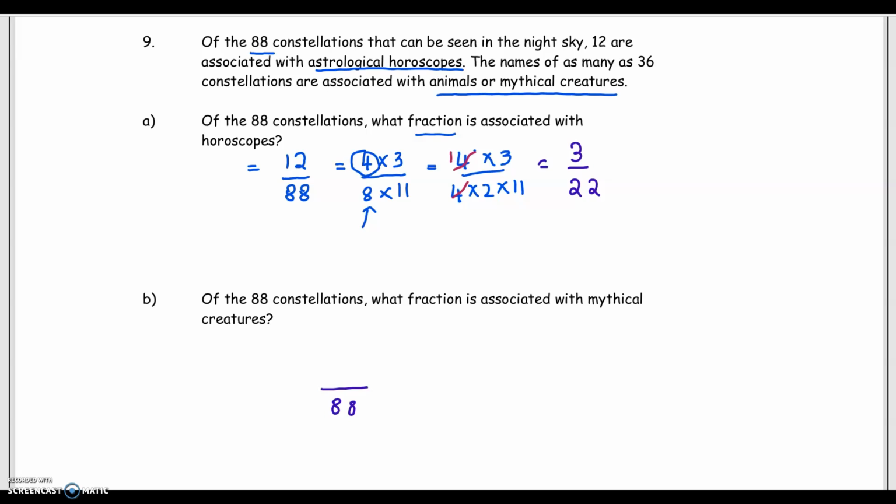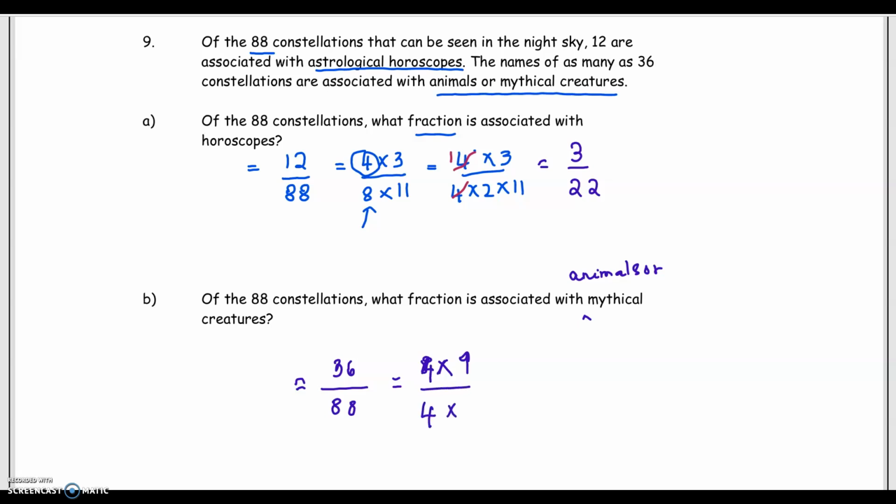Mythical creatures, the question says there are 36 constellations that are associated with animals or mythical creatures. So now let's see how this is done. 4 times 9 is 36.